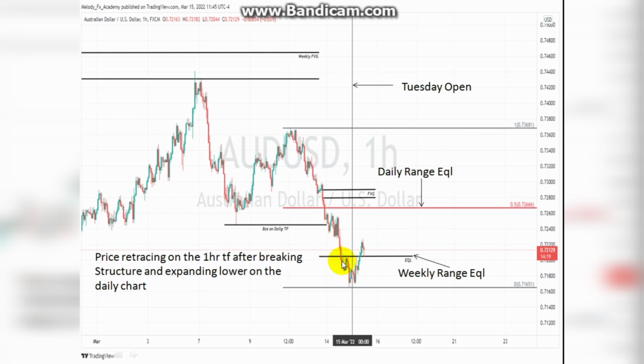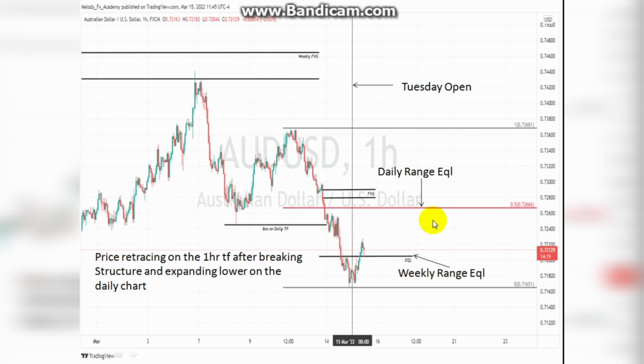So prior to Tuesday's opening, price was expanding downwards, and this is the overall equilibrium on the weekly range.